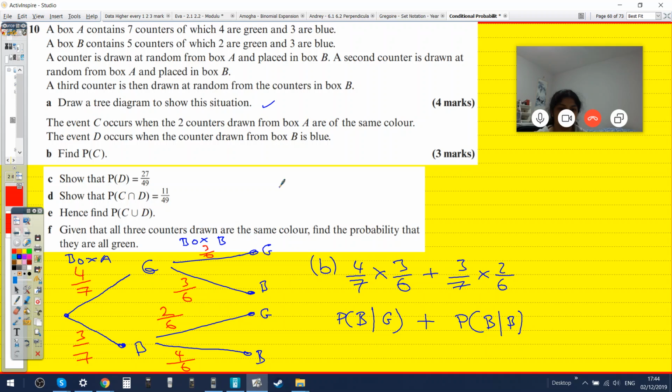No, it's not. It's a whole bunch of stuff. It's 4/7 times 3/6 over 4/7. 3/6. That would just give you 3/6. I don't like this one bit. Let me see this one. Oh, but it's not 3/6 because a second counter is drawn, so it should be 4/6 and not 3/6.